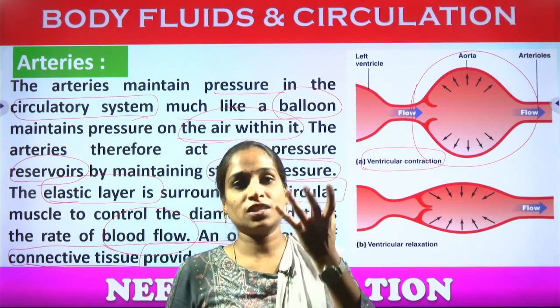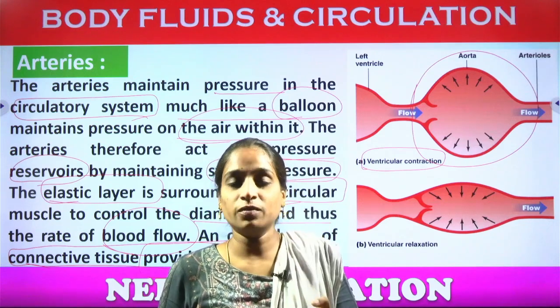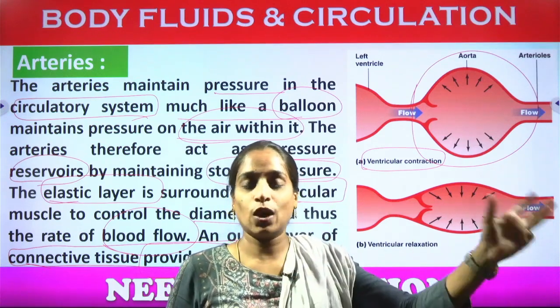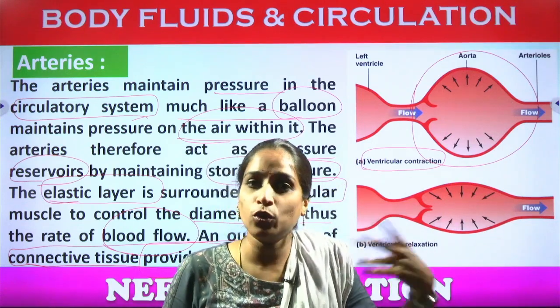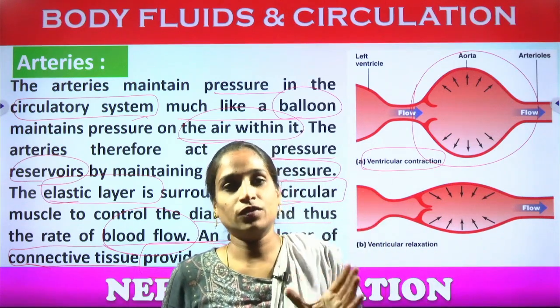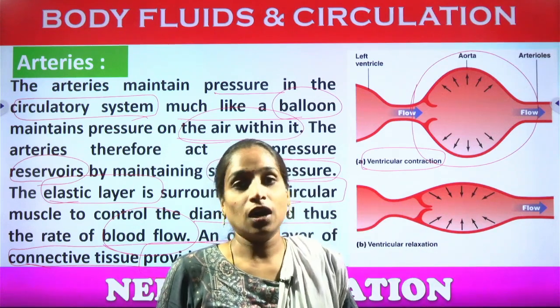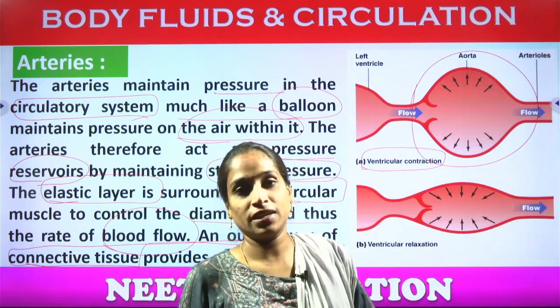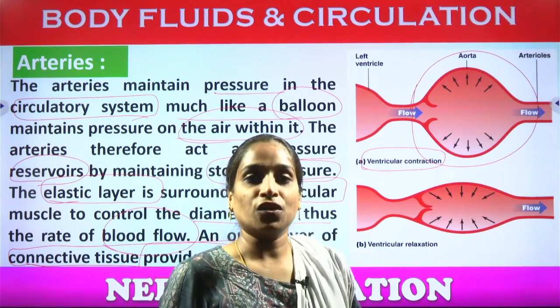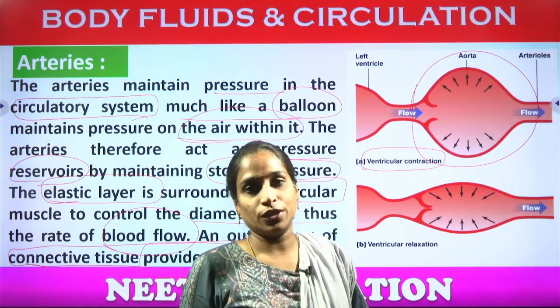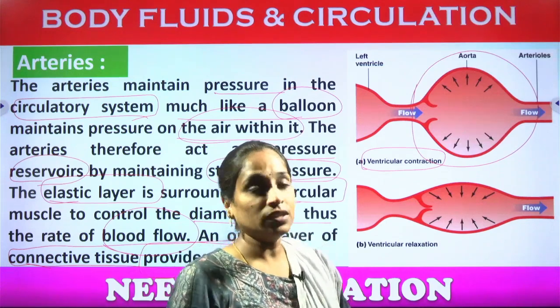Once they go for systolic pressure, the blood from the ventricle moves in an outward direction, and as it moves outward, where does it go? Through the valves, the blood enters the arteries. The left ventricle sends the blood to the systemic aorta, and the right ventricle sends the blood towards the pulmonary artery.